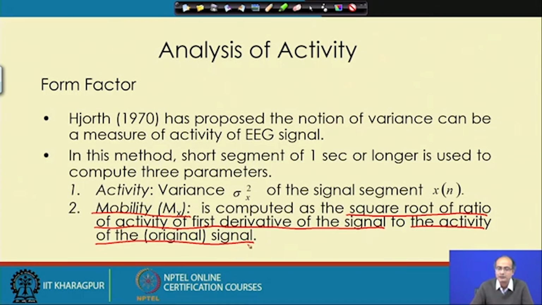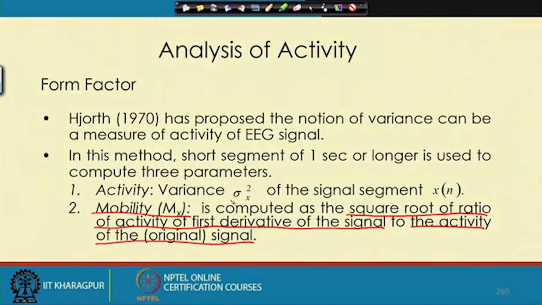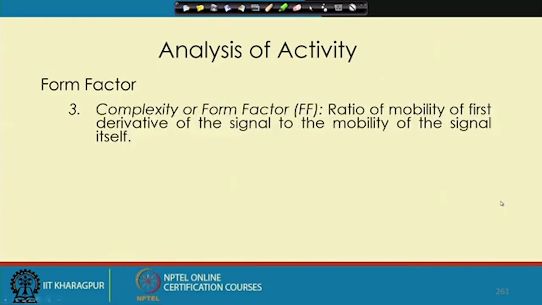So, for that purpose we have taken the ratio and we have taken the square root. That means, instead of the variance, we are actually interested in the ratio of the standard deviations of them. Okay.